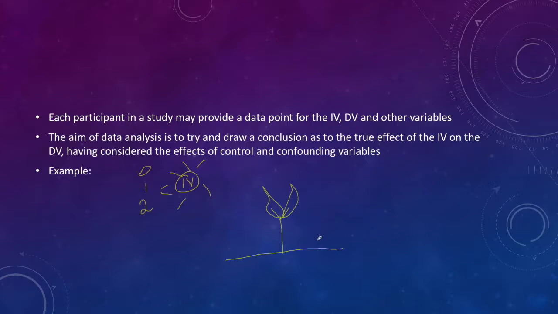Our dependent variable would be the rate of growth of the plant, which we would mark on some scale, for example, centimeters per day.